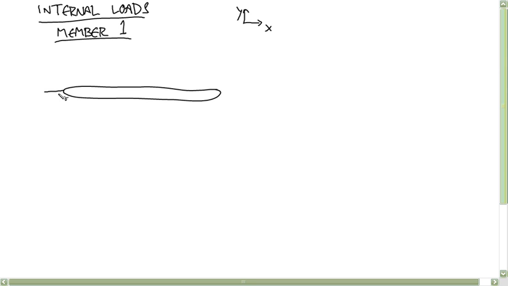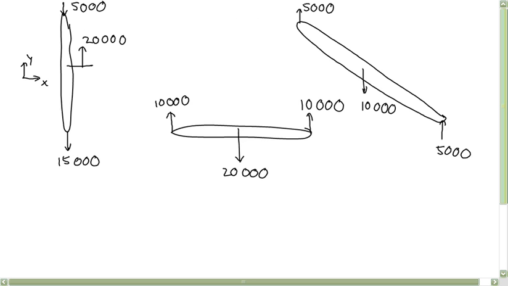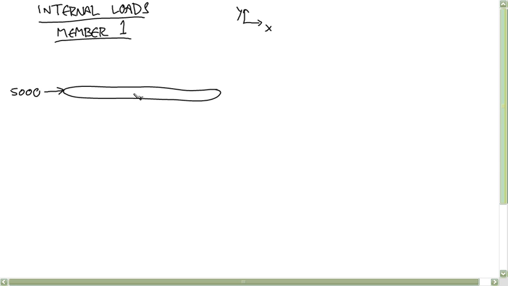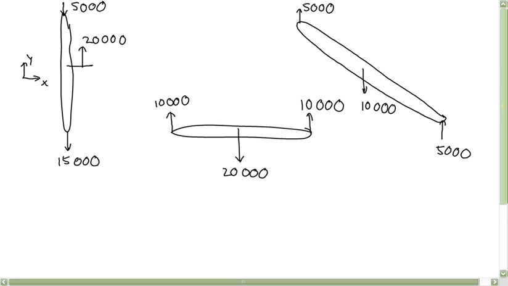So this rotates to 5,000, 20,000 this way, and then 15,000 this way. And actually, let's see. Well, let's do it this way.